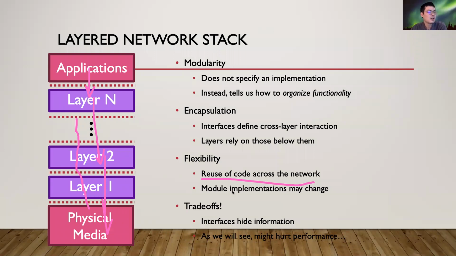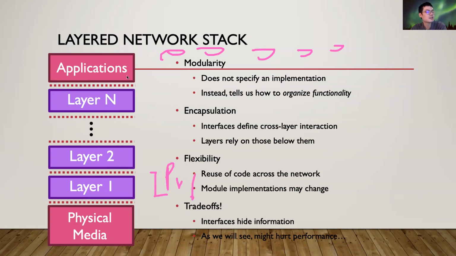And there's also another benefit: the implementation can change. For example, if you have a new application, you can freely add it. Even if, let's say, in the IP layer we want to go from IPv4 to IPv6, that's fine, because as long as this layer is handled, it only needs to take care of its nearby layers, and all the other layers don't need to care about it.